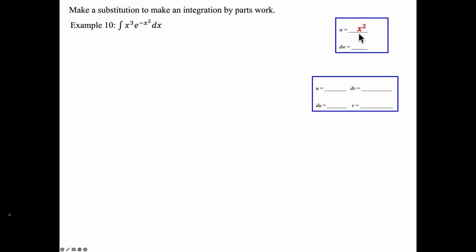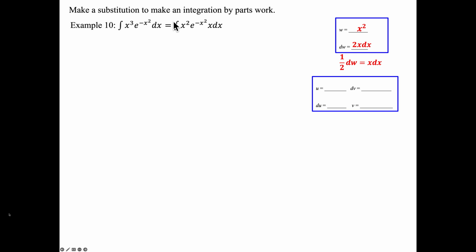All right, the derivative of x squared is 2x dx. So with this x cubed, I need to factor an x over here with my d. So break it apart, x squared, move one x over with the dx, and now divide over the 2, so 1/2 dw is my x dx. There's where my dw is going to go.